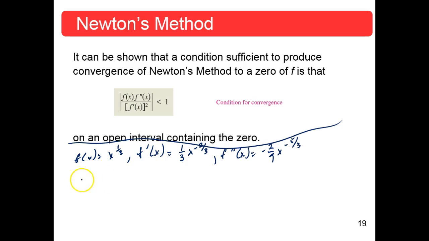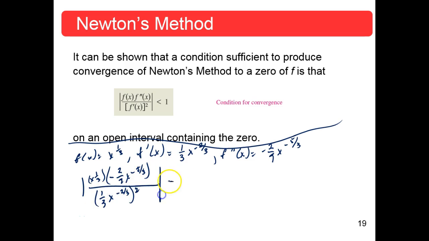Let's try our technique there. F of x, which is x to the 1/3, times f double prime of x, which is -2/9 x to the -5/3, divided by f prime squared, which is 1/3 x to the -2/3 squared. Okay, what's that going to be?